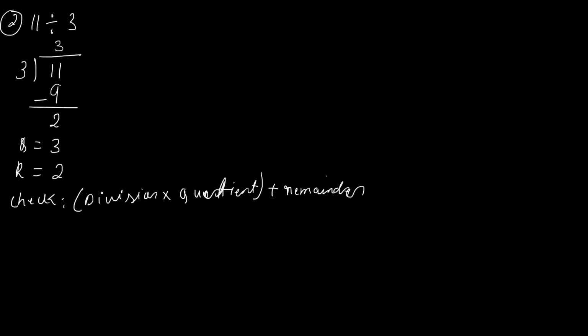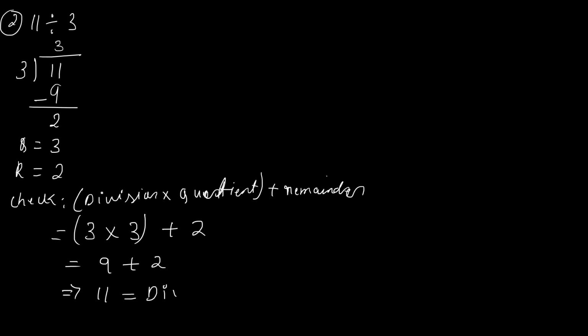Your divisor is 3, your quotient is also 3, and your remainder is 2. So 3 multiplied by 3 is 9, plus 2. So 9 plus 2, 11, is equal to the dividend. That means our answer is correct. So you try question number 3 and 4.